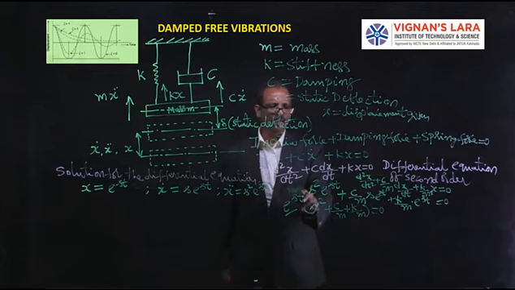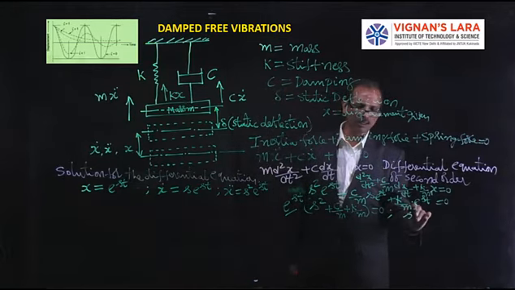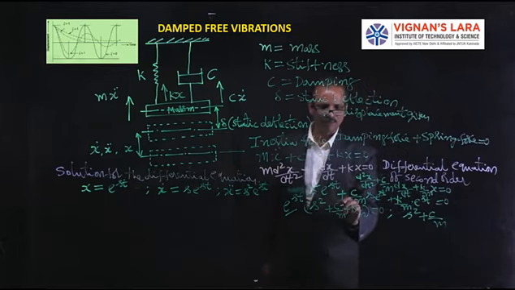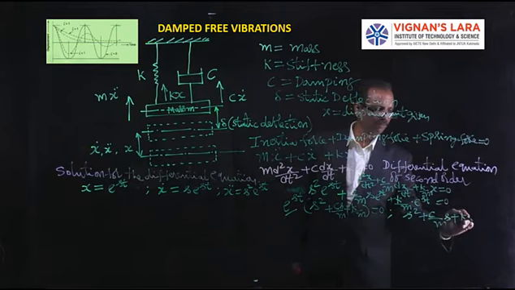At any time other than 0, e power st will never become 0. Then the only alternative is s square plus c by m into s plus k by m is equal to 0.